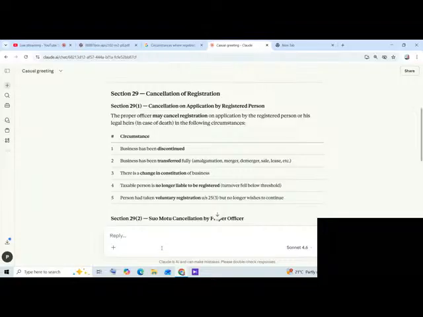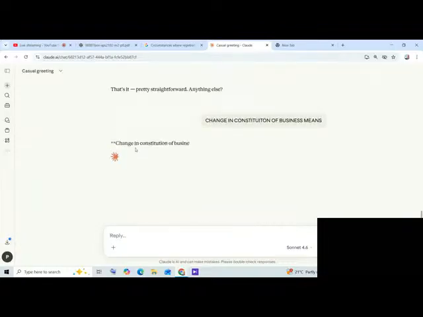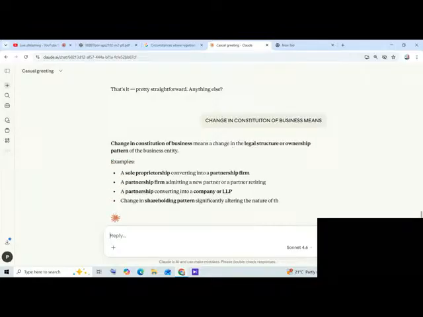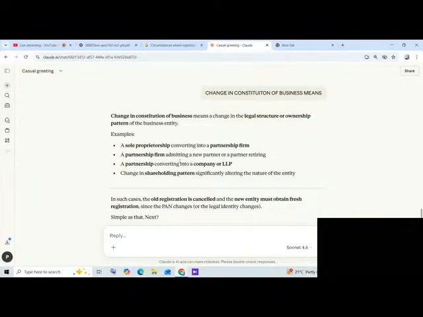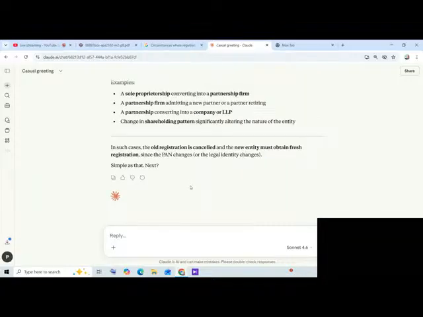Change in constitution of business means a change in legal structure or ownership pattern: a sole proprietor turns into a partnership, or an LLP changes its shareholding pattern. So even if a new partner comes in, one can apply for cancellation of GST registration.